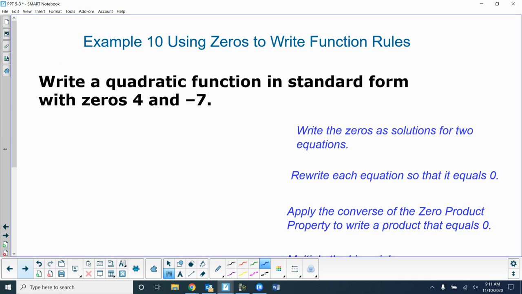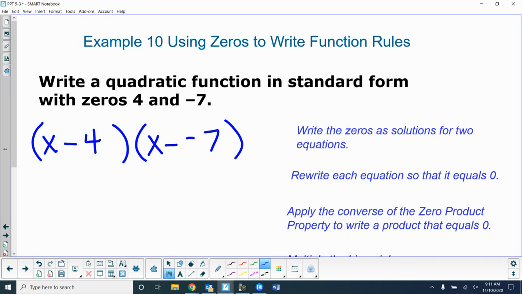Okay? So, you start these always like this. X minus. Always start them like that. Go backwards. X what? Minus. Then you put a 4 there. You put a negative 7 there. What happens on this one?